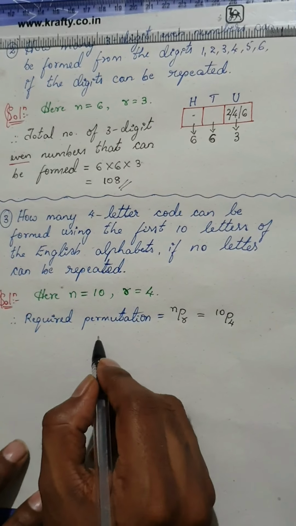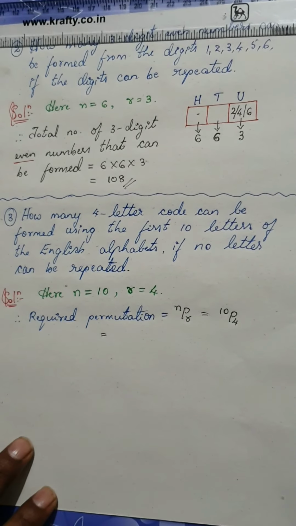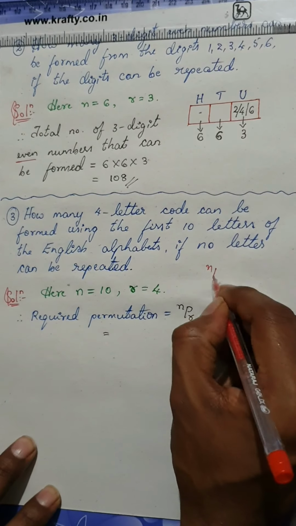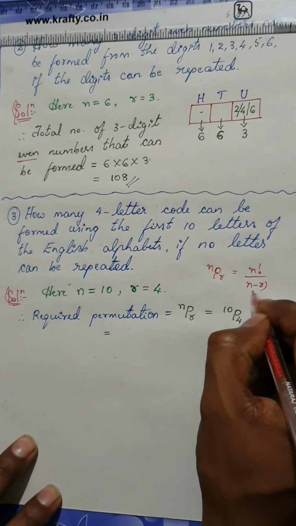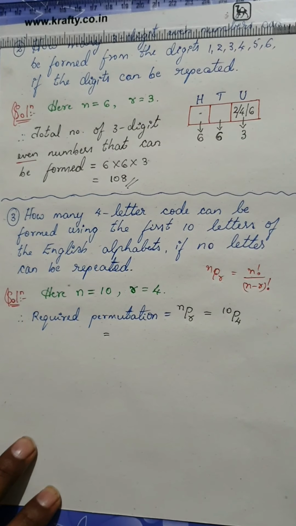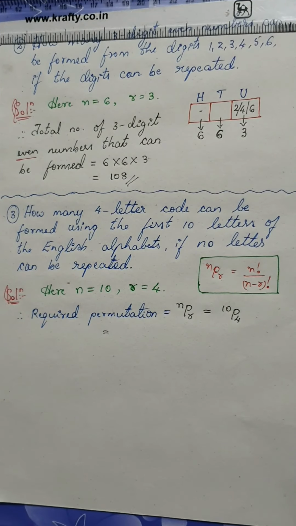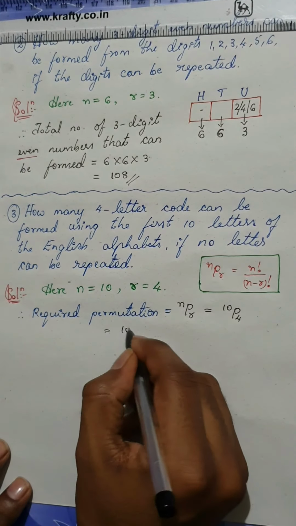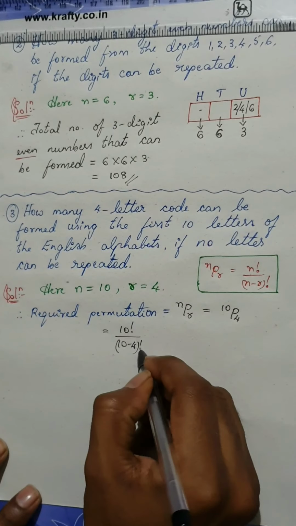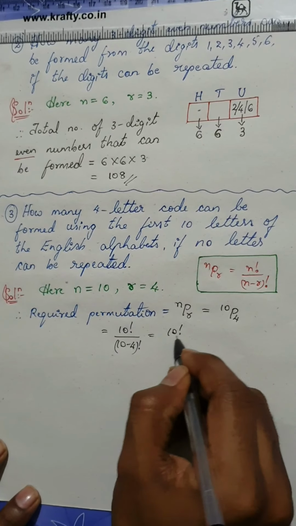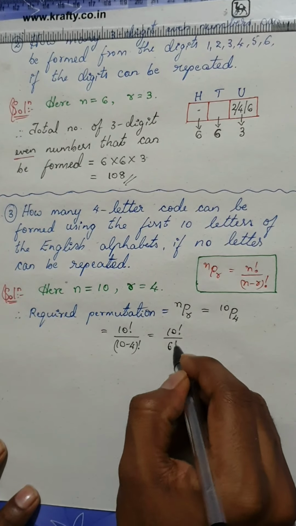10P4. Okay, so we know the formula of nPr, isn't it? nPr is n factorial divided by (n minus r) factorial. So you have to get 10 factorial divided by (10 minus 4) factorial. So this is 10 factorial by 6 factorial.